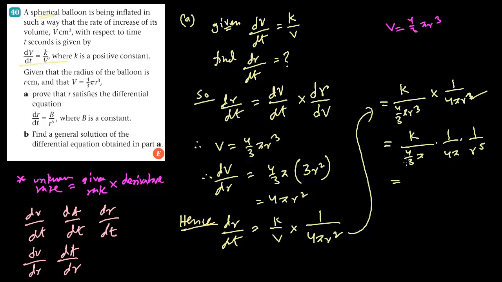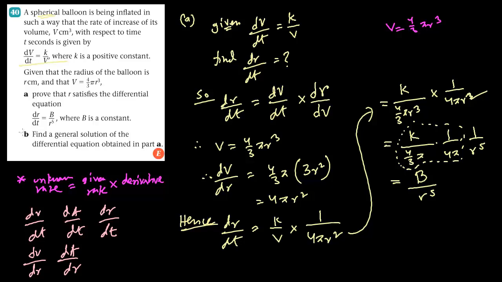We can take all this constant as an arbitrary constant b. All these are numbers, these are all constants. We can take it as an arbitrary constant b divided by r to the power 5. So dr by dt equals to constant divided by r to the power 5.